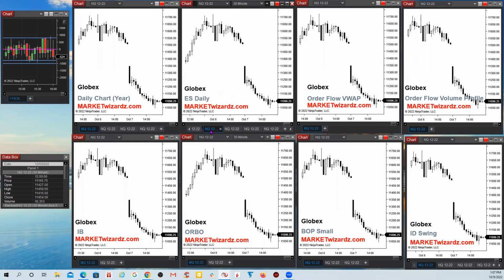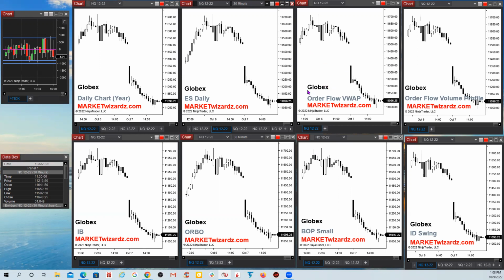And truthfully, any time that I want, I can create the whole setup all over again just by saving this workspace, and then relabeling obviously the NQ with ES. So once you get organized, then you have a template, and it's so easy to do. And that's one of the reasons I really love NinjaTrader, because they make it easy to do that.